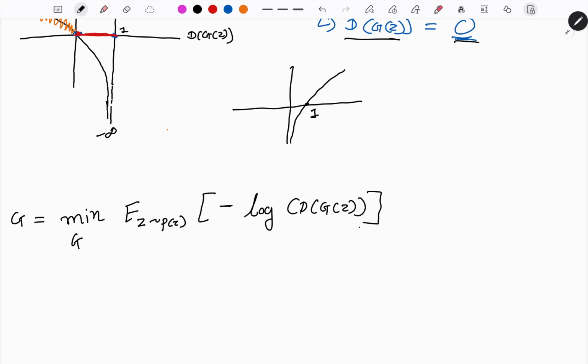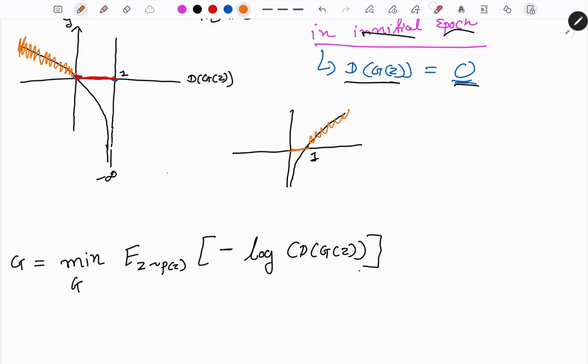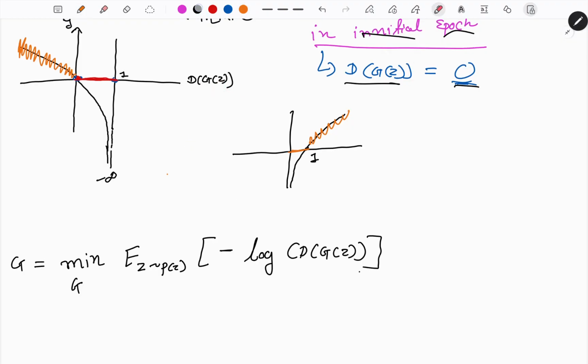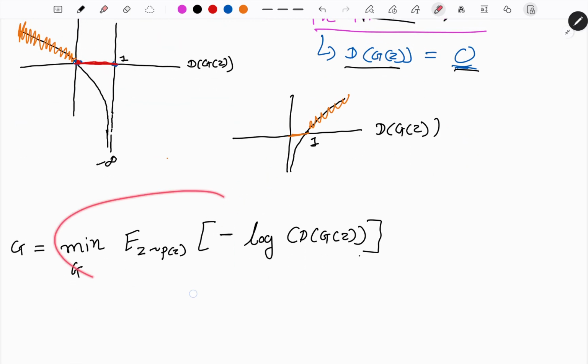This is the graph of log x. This is 1, and this area we do not consider, because we only consider this particular range. At the initial point in this graph, D of G of z becomes 0. In this graph also we have D of G of z, but what changes is that, instead of the earlier loss function, right now we are using this particular loss function.